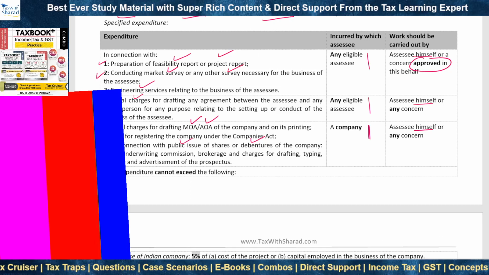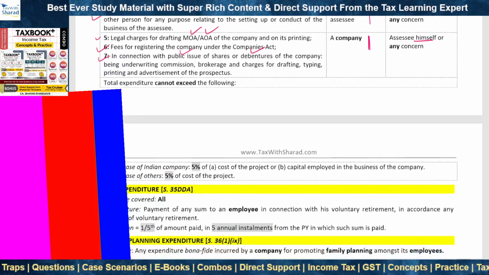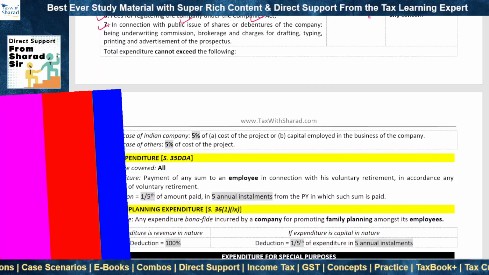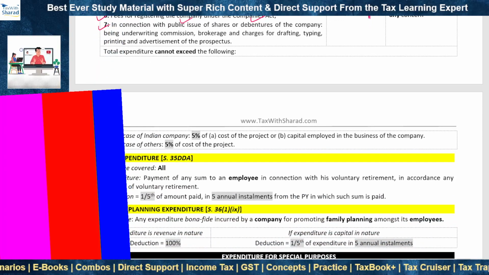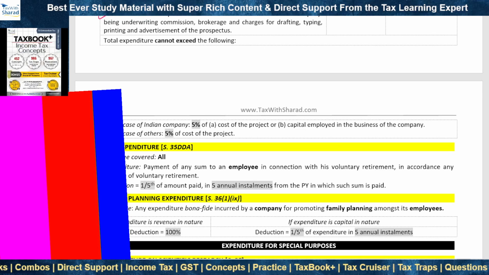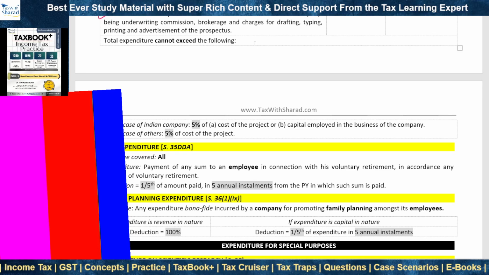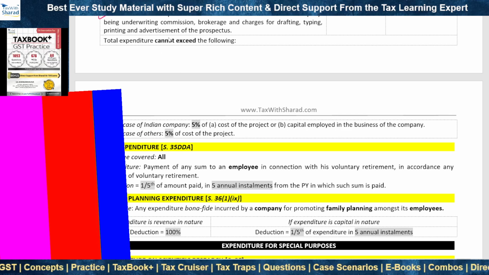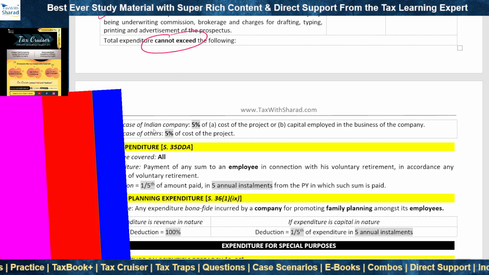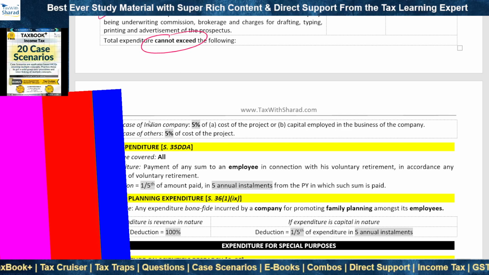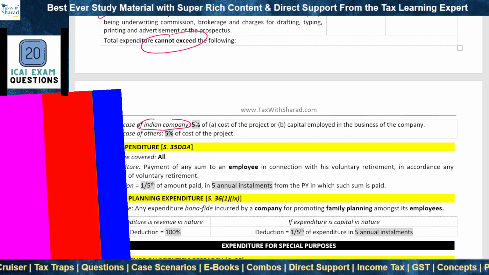There is a cap in terms of specified expenditure. It is not without a limit. There is a cap in respect of the total expenditure which can be categorized as specified expenditure. So total expenditure cannot exceed the following. Where the assessee is an Indian company, the limit is what?